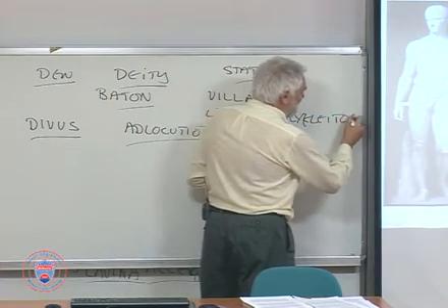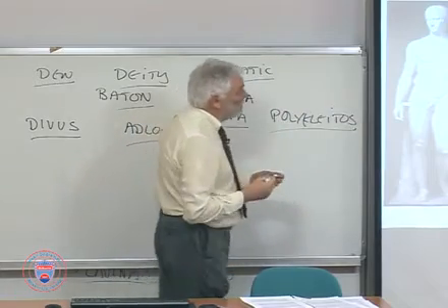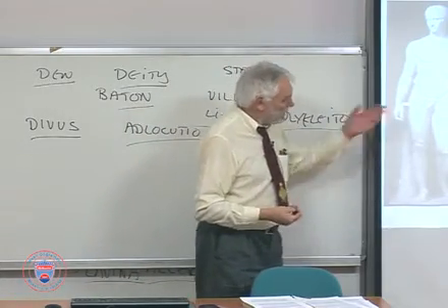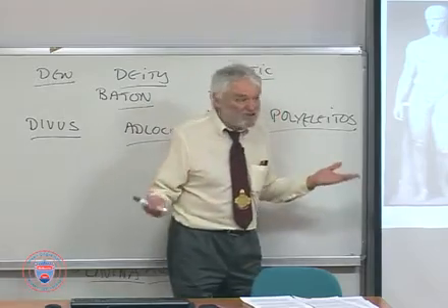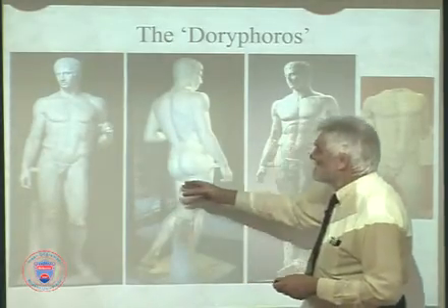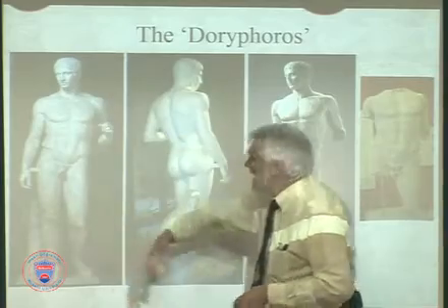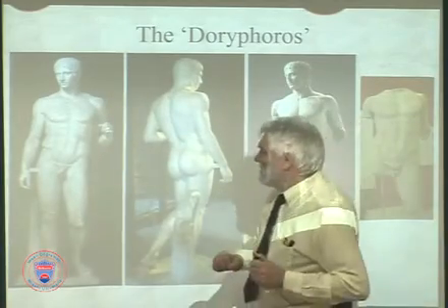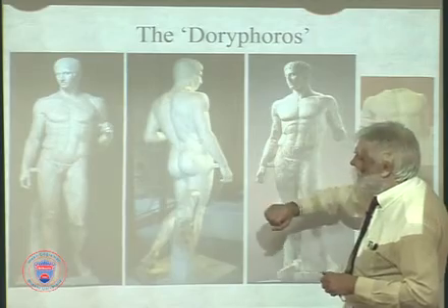Polyclitus. A very famous piece of statue, the Doryphorus, the spear carrier. The Doryphorus, the original, doesn't survive, but we do have any number of copies of this. So you can see he's standing there looking like a young athlete, idealized, lovely muscular body, that type of thing.